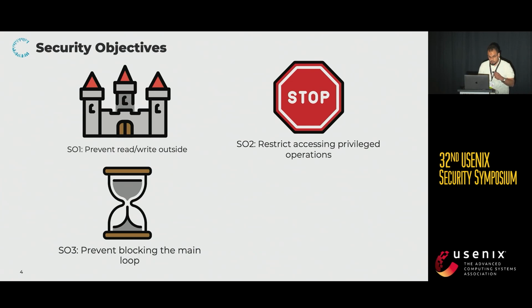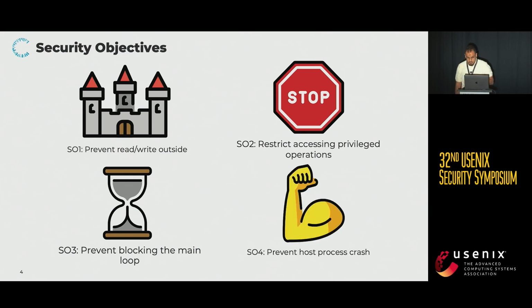It should also prevent blocking the main program loop, for example, by a DDoS attack or even algorithmic complexity and so on and so forth. And it must also be resistant, keeping the main program alive by preventing the host process from crashing.